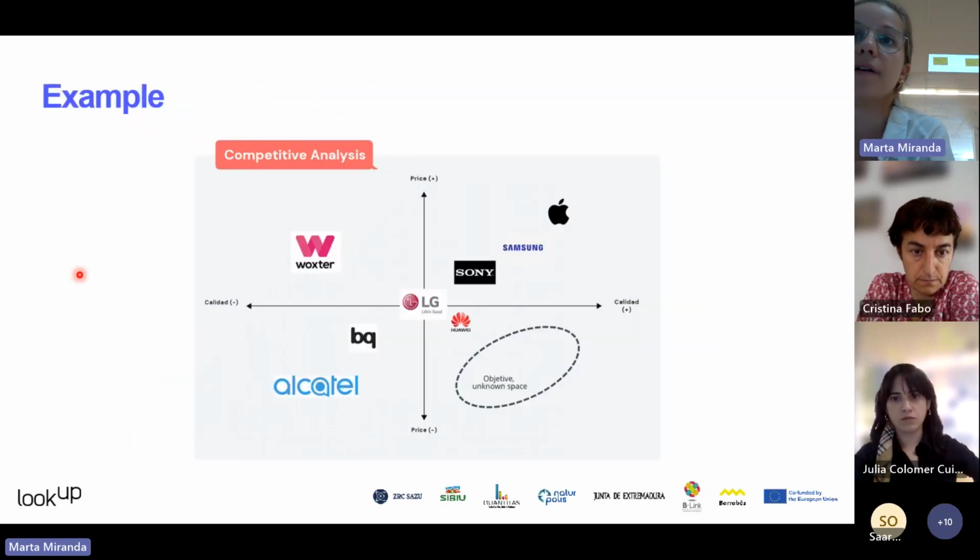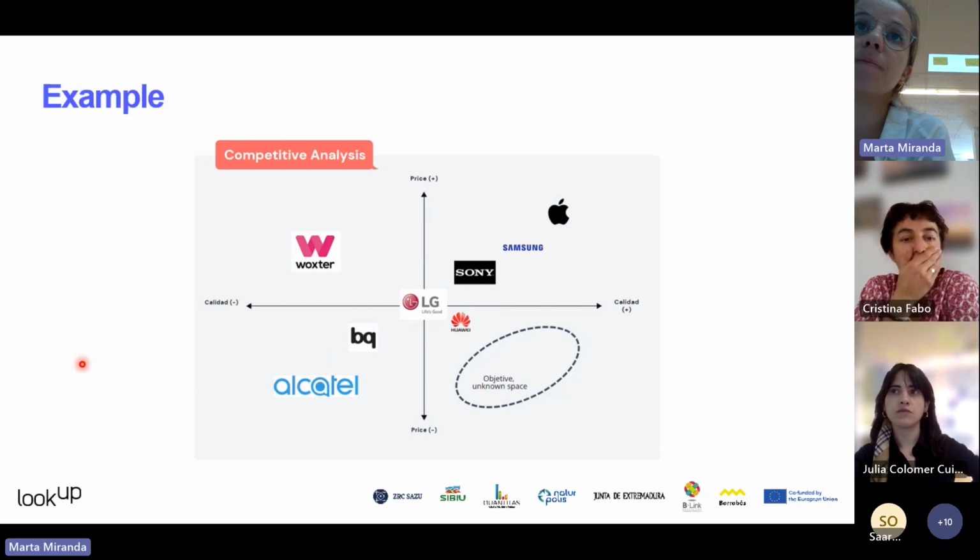For example, we have here an example with electronic devices. Apple, we can see that they have a relation with high price and high quality, so we're placing them here. And Alcatel, for example, they have a bad quality and a low price.